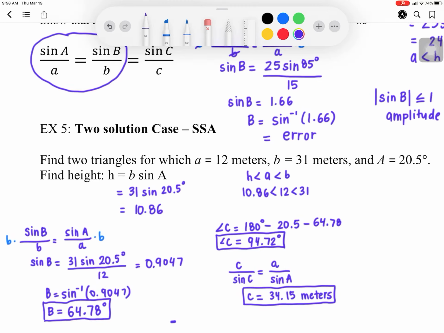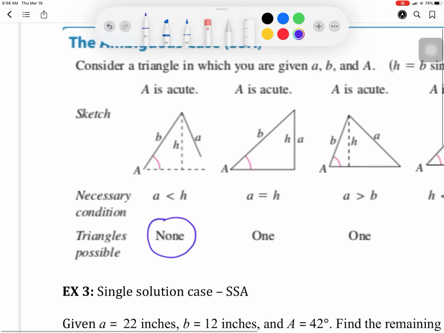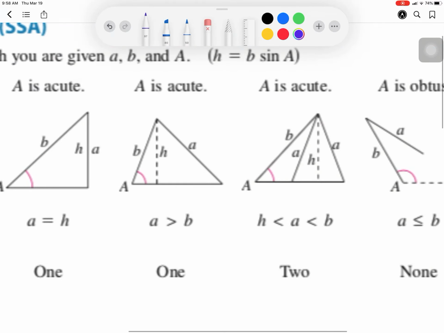Okay, so which triangles do we really have? So keep in mind that B is 64.78. I'm going to scroll back up here for you. This is our case right here, okay? So you could have this triangle here. See how this is side b?